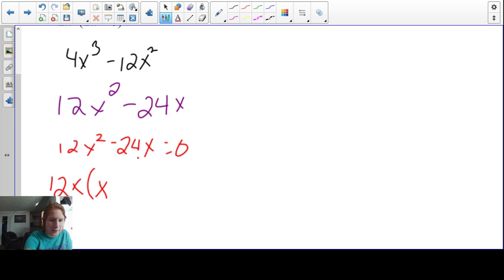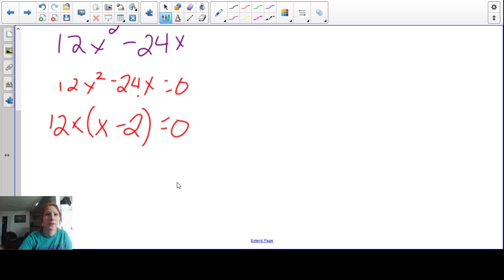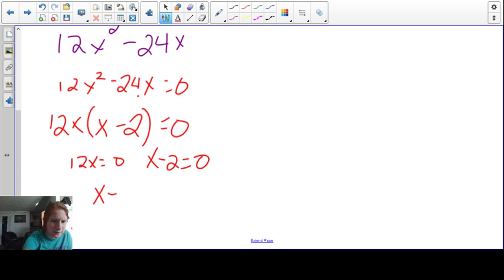I'm left with x minus 2, and that's still equal to 0. Since the product equals 0, 12x equals 0 or x minus 2 equals 0. So x is 0 and x equals 2.